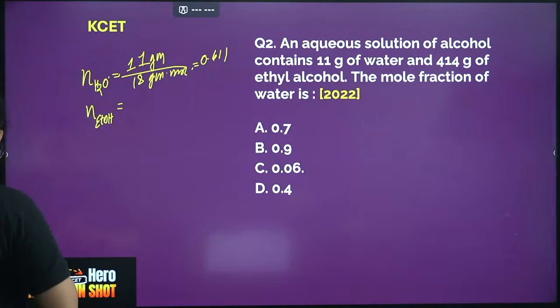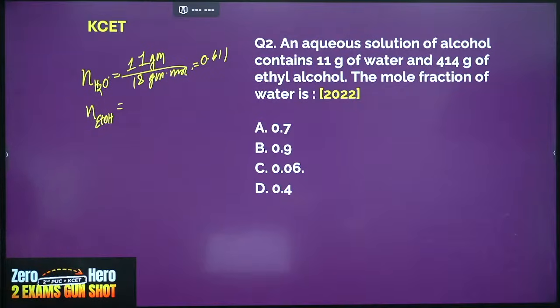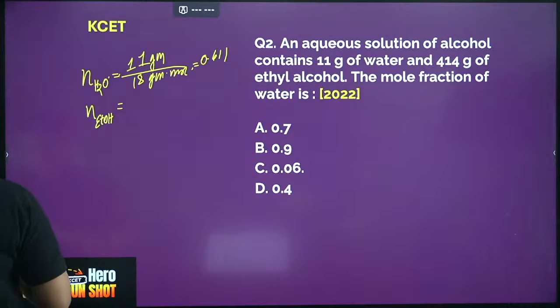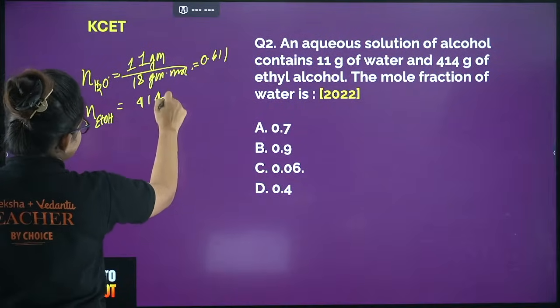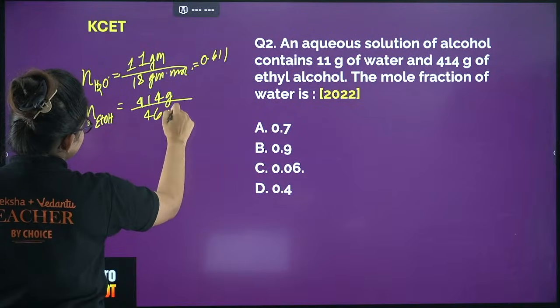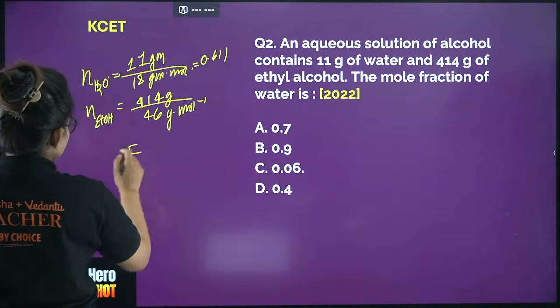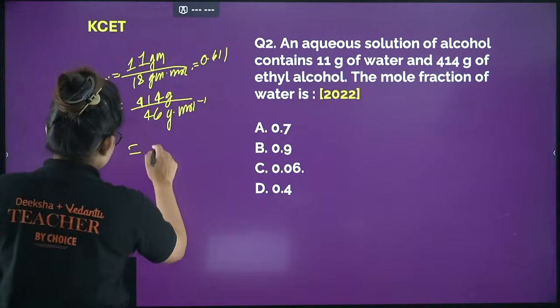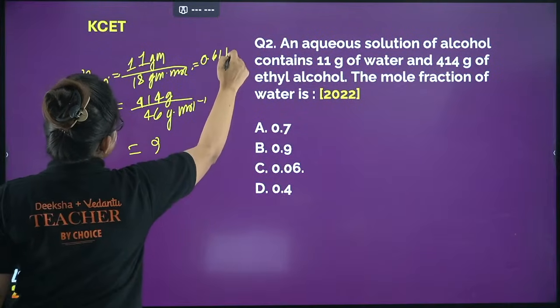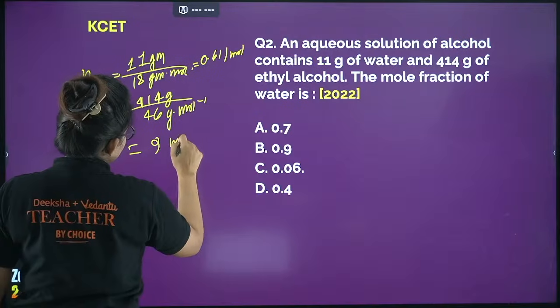Now for the ETOH, the molecular weight is 46, and you have 414 gram divided by 46 gram per mole. Let me calculate, 414 divided by 46, you will get 9. So here you have 0.611 mole and here you have 9 mole.